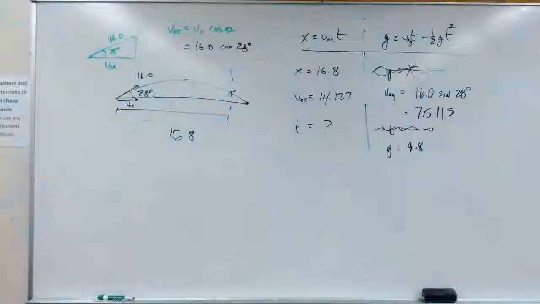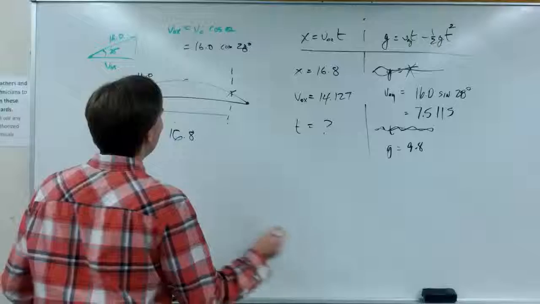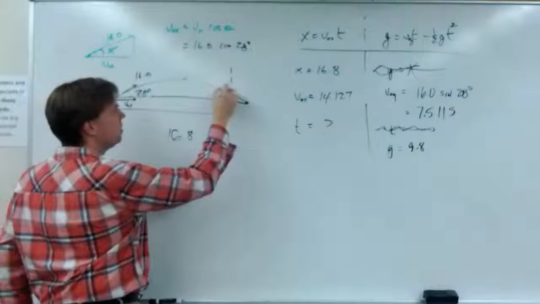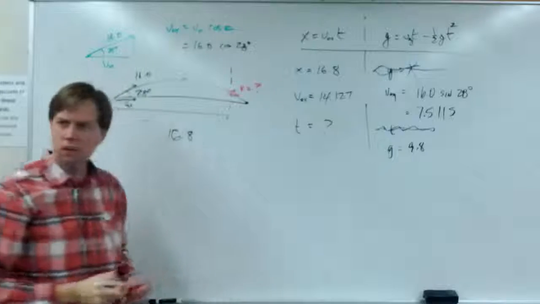So what are we asked for? Find the speed of the ball in front of the net. Whoa! So what I am asked for is the speed here. What is this final speed here?